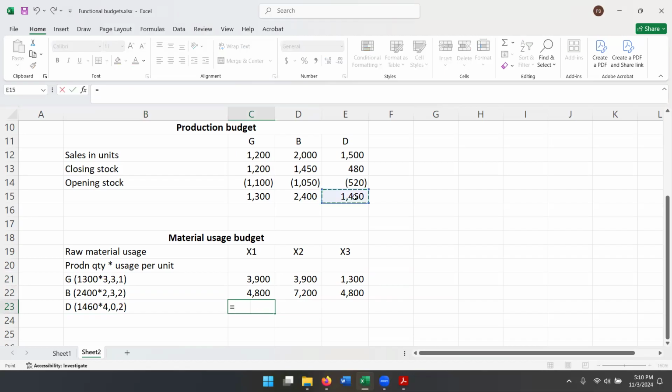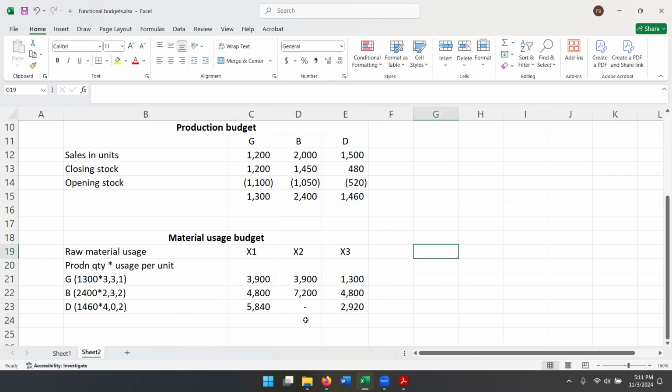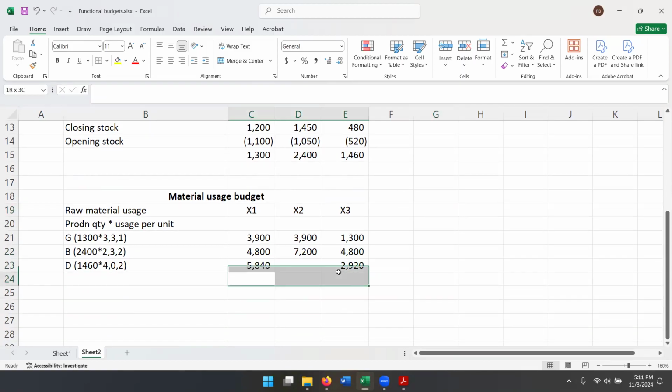This 1 times 4, here this times 0, and here this multiplied by 2. So that's that. Now we can net them, and if you net, you get the totals. That's all, that's the material usage budget.